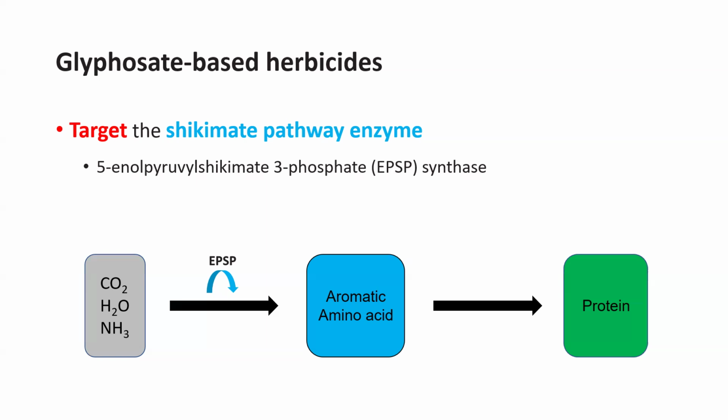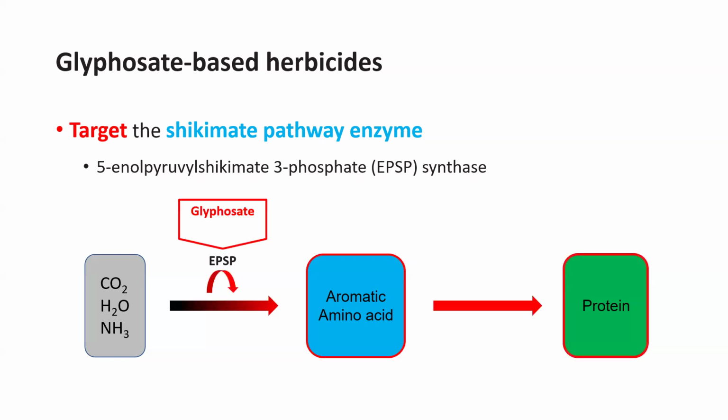This shikimate pathway exists in plants, in fungi, and in some microorganisms, but not in animals, including humans. So it makes glyphosate relatively safe for animals and humans. However, it is deadly to plants relying on this pathway.